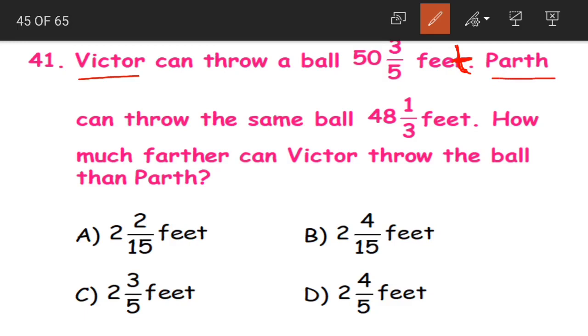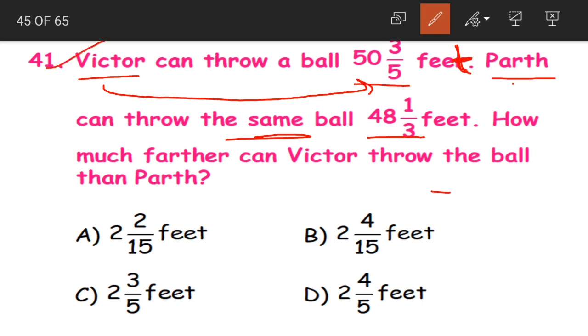One is Victor and the other is Parth. Victor can throw a ball up to 53 by 5 feet and Parth can throw the same ball 48 1 by 3 feet. Victor is throwing farther. So we have to find out how much farther Victor can throw the ball than Parth.